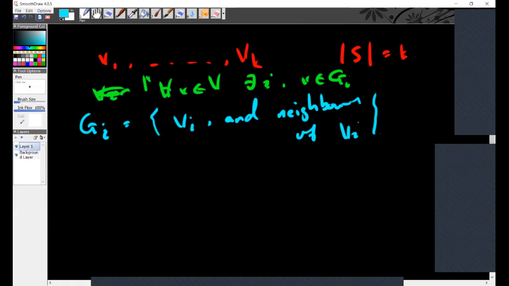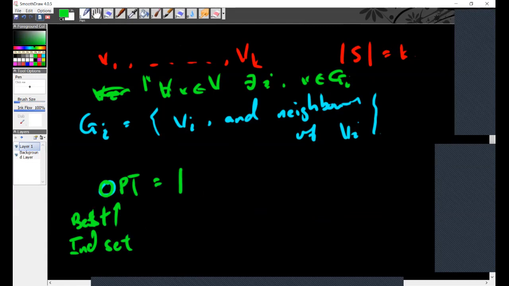So the proof says something along these lines. Let's say OPT is the maximal independent set, the best independent set. So this is a set of vertices, and since I know this is a set of vertices, I can decompose it as a disjoint union from i equals 1 to k of Gi intersected with OPT.